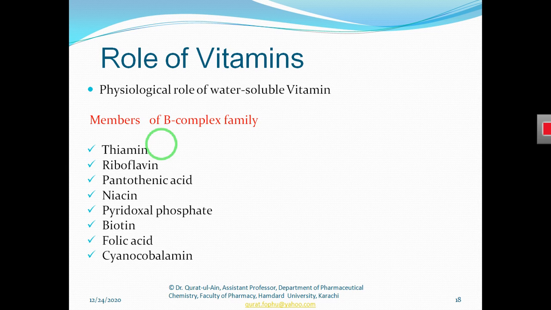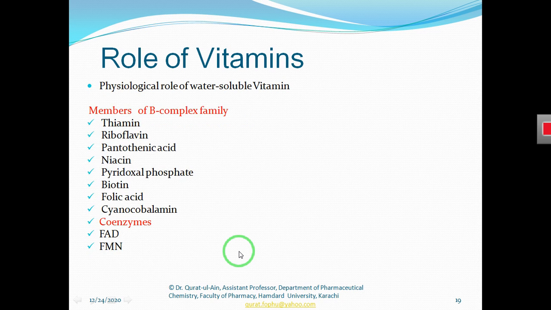Now we will see how these B complex vitamins, thiamine, riboflavin, pantothenic acid, niacin, and cyanocobalamin, are involved in our different metabolic processes.